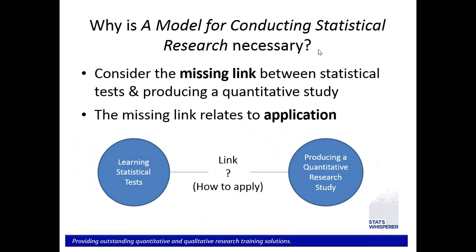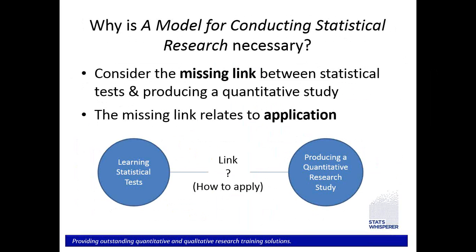Now, you might consider and say, well, that's all fine and good, but why is a model for conducting statistical research really necessary? Well, we should make a few points about that. There's a missing link in statistics between learning statistical tests and actually producing a quantitative research study.